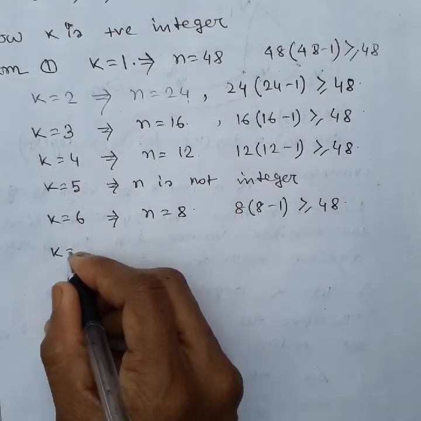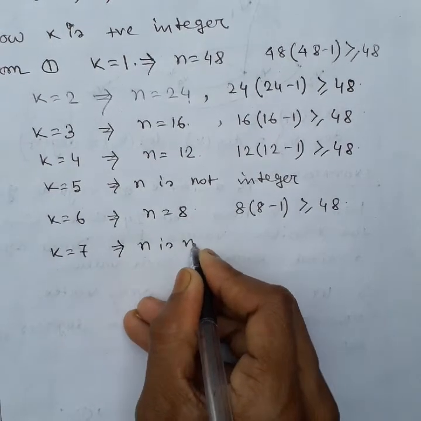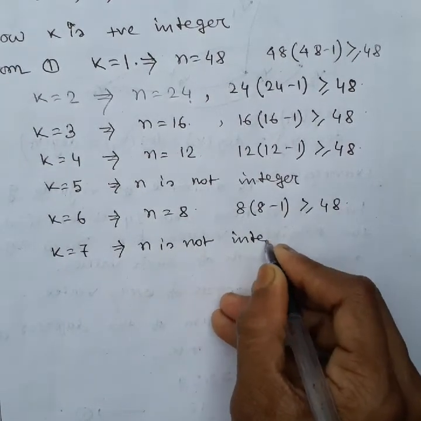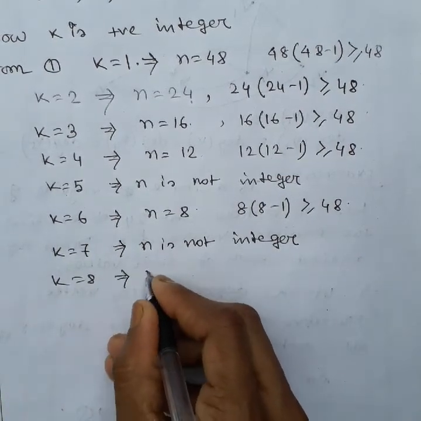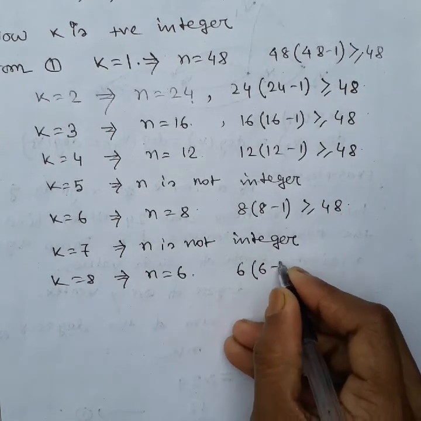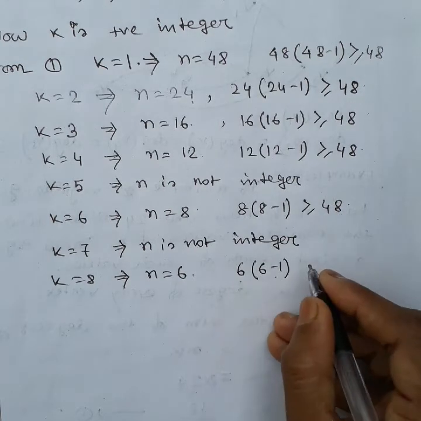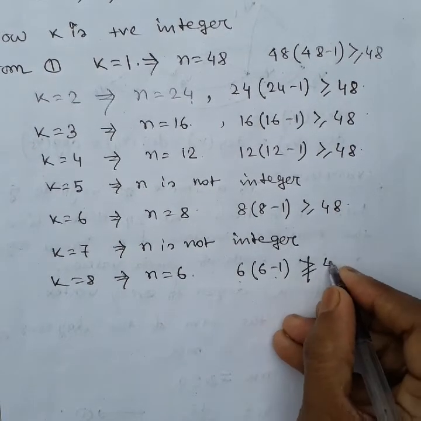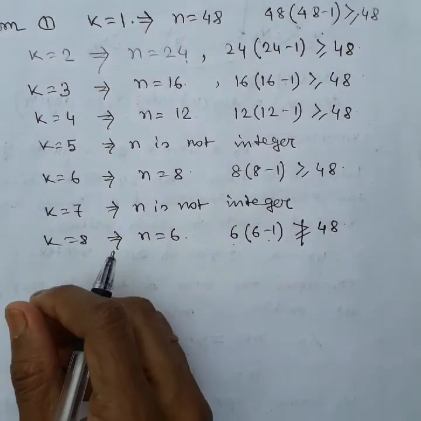Now when k is equal to 7, n is not an integer. When k is equal to 8, n is equal to 6. Then we get 6 into 6 minus 1, that means 30. This is not greater than 48. That means 2 does not satisfy here.